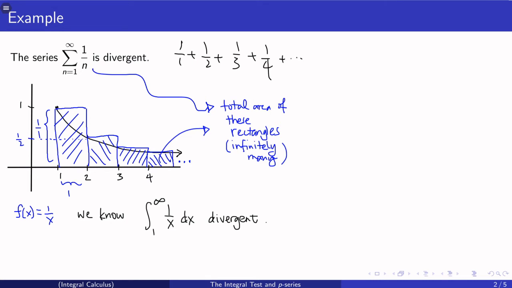You just cut off the integral, make it from 1 to t, take the limit as t goes to infinity, and you get ln of t as t goes to infinity, which is infinity. Okay, so that integral diverges. But that integral really represents the area under the curve from 1 to infinity of this function f of x. Right, so it's this part, this area below the curve here.